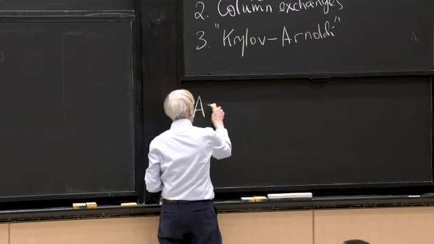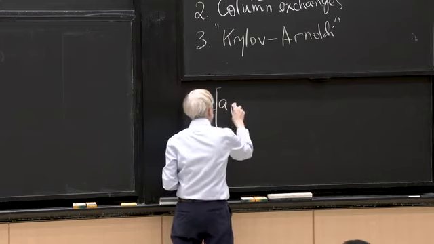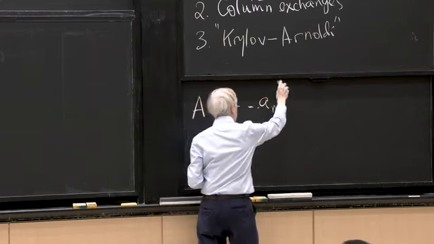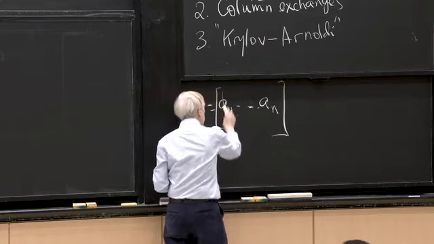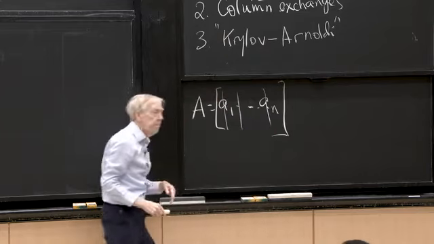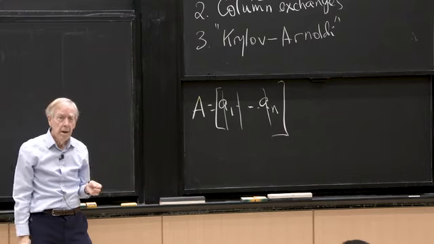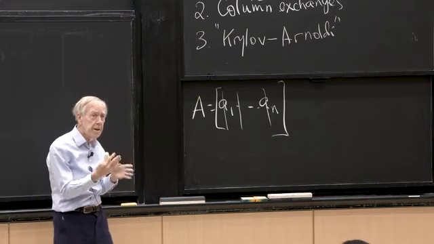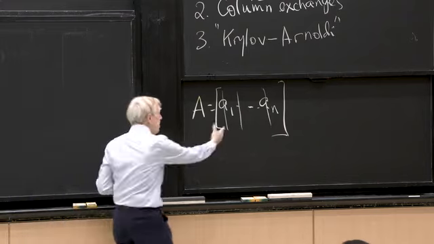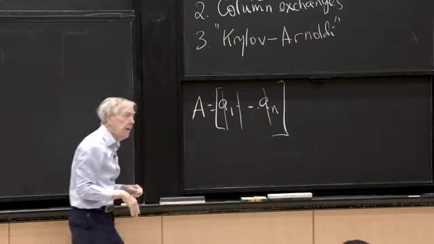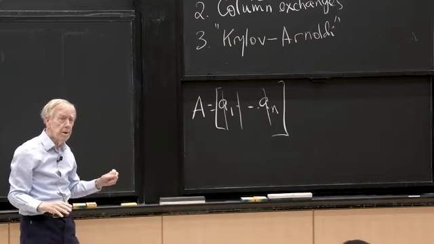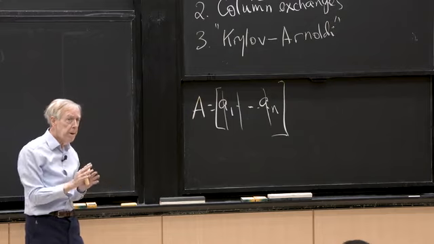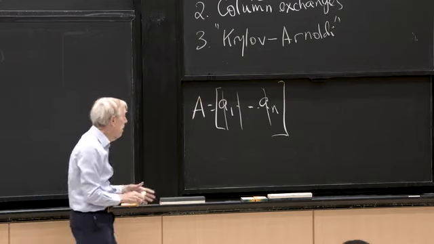We start with a matrix A. It's got n columns. But they're not orthogonal. And in fact, they may be badly conditioned. Columns might be nearly dependent on the others. I'm going to assume the columns are independent, but they might be barely independent.